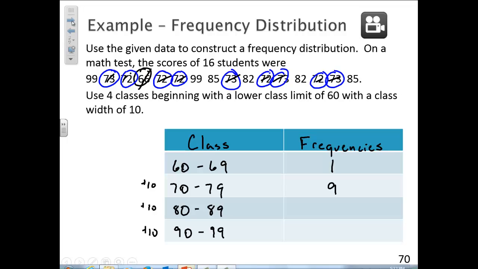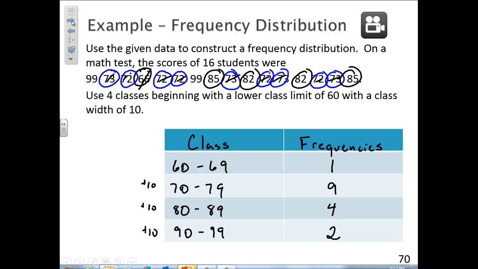Now between 80 and 89, we have 85, 82, 82, and 85. That's 4 data values. And between 90 and 99, we have 99 and 99. So 2 data values there. So we've built our first frequency distribution.